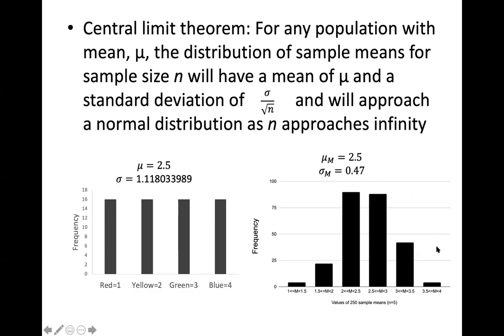This graph, the distribution of sample means, is relatively thinner than the population distribution, which is relatively wide. That's an important thing that happens with the central limit theorem. The bigger the sample size, the smaller the variability of the distribution of sample means.